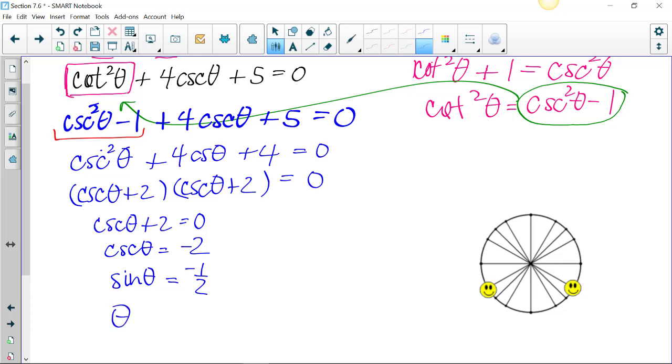So theta in quadrant 3 would be 7 pi over 6, and in quadrant 4 would be 11 pi over 6. So those are my two solutions between 0 and 2 pi. And that's it. More equations to come in the next video. Stay tuned.